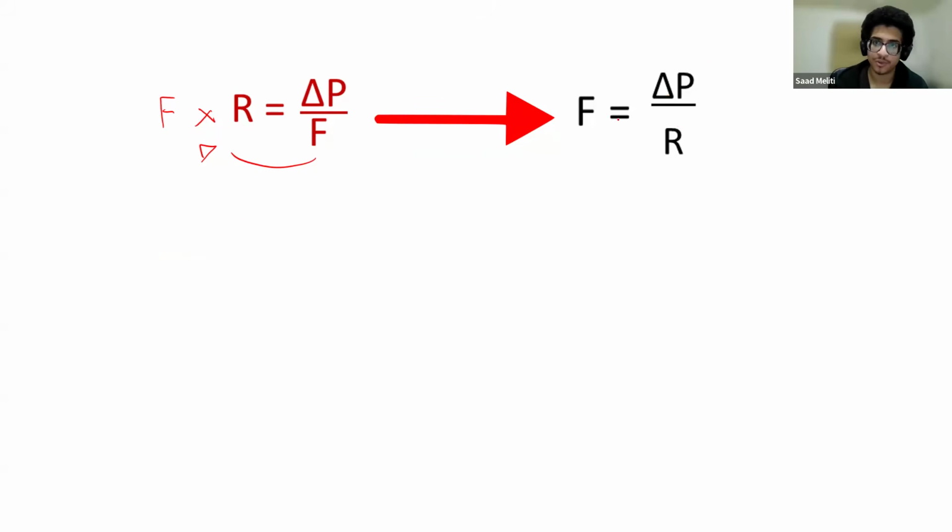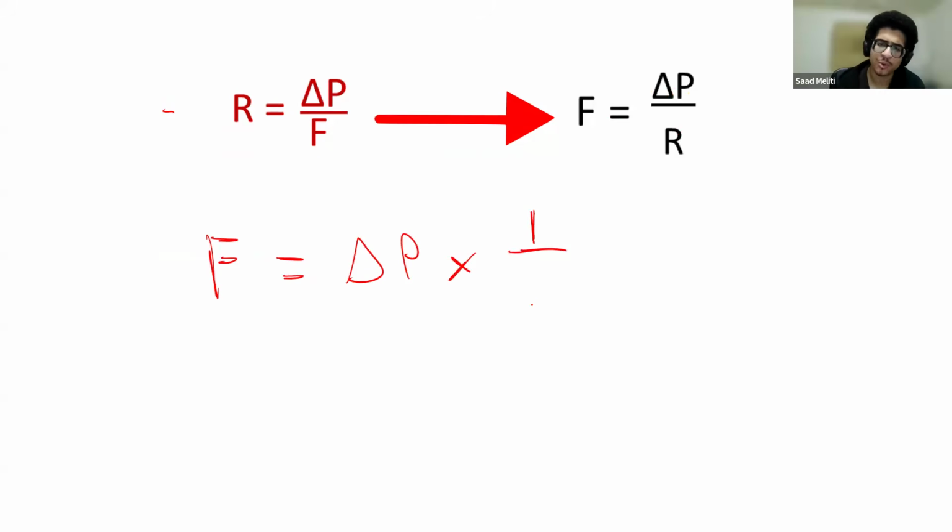But what we can do now with this equation is separate the pressure gradient and the resistance. So now we get flow equals the pressure gradient times 1 over R. Does anyone know what 1 over R means for us?